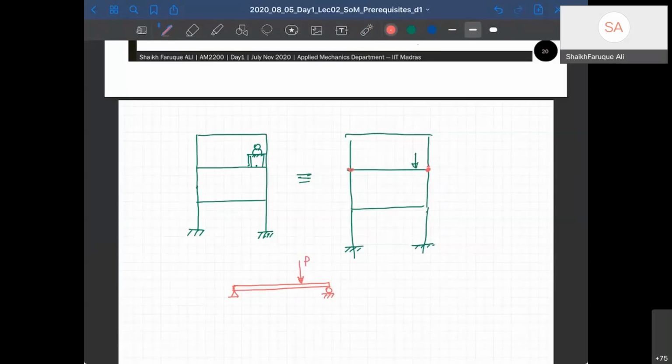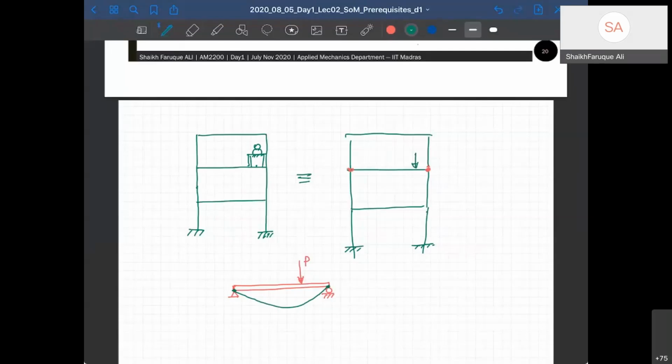So what will this load do? It will deform the structure. The structure will deform like this, but it will go by its boundary conditions. So it will come back to this point here and also this point, because deformation at those points is going to be 0. But it will bend like that. Now, why is it bending?